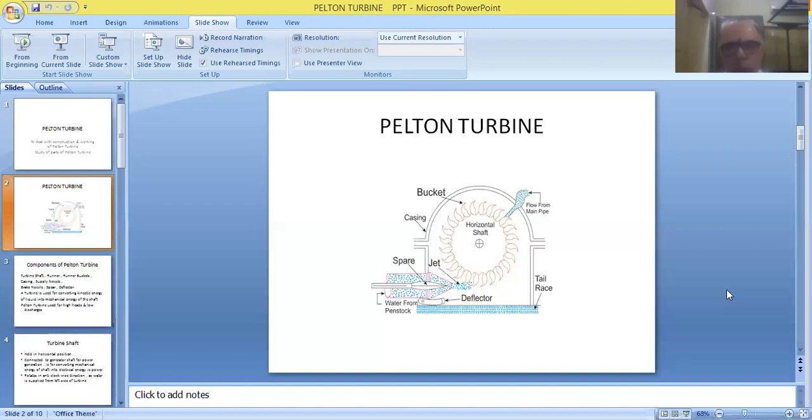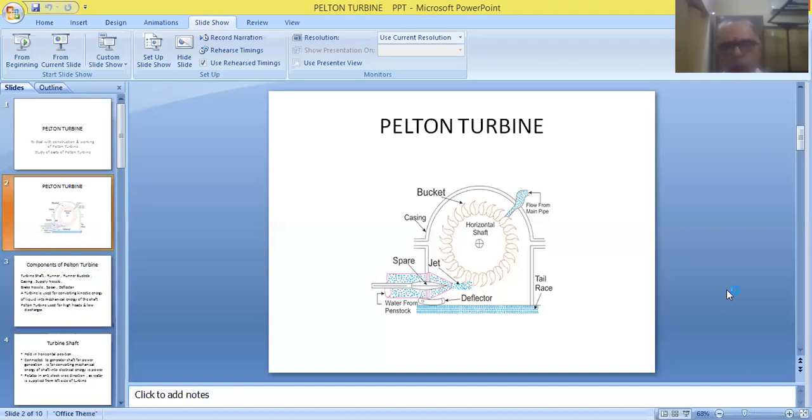So apart from the spear mechanism, this deflector can also be used for controlling the quantity of water that is entering the turbine.